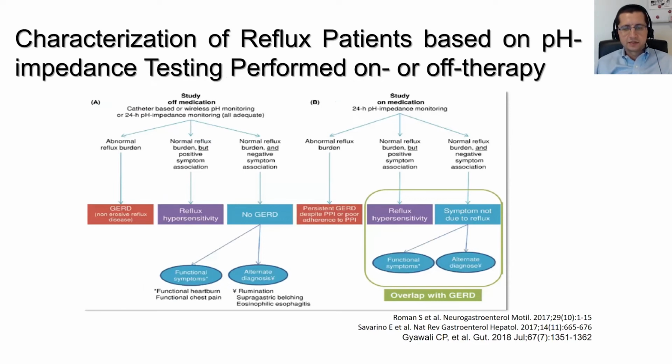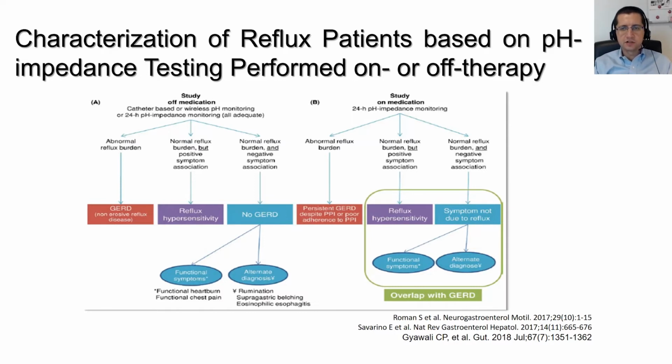The result of doing pH impedance testing on medication is that we are able to better stratify our patients and categorize them as patients affected by GERD, gastroesophageal reflux disease, mainly non-erosive reflux disease, or reflux hypersensitivity, or no GERD, which means functional symptoms, or an alternate diagnosis like rumination, supragastric belching, or eosinophilic esophagitis.